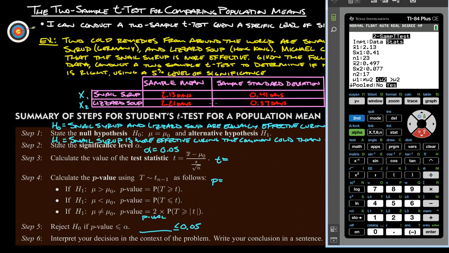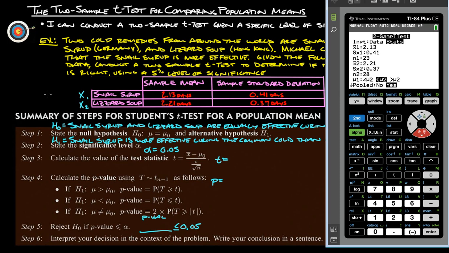For lizard soup, our mean is 2.21, our standard deviation is 0.37, and we had 28 data samples. Now this next one is important to pick correctly. What Michael is claiming is that snail syrup does better than lizard soup.